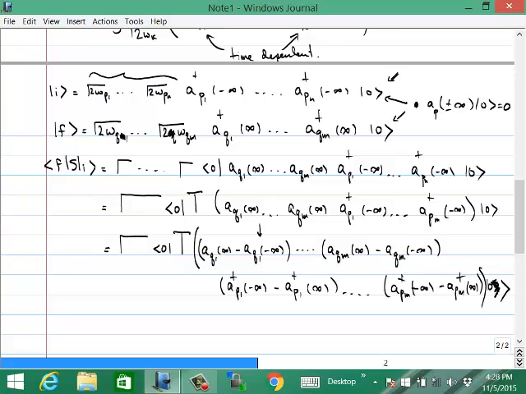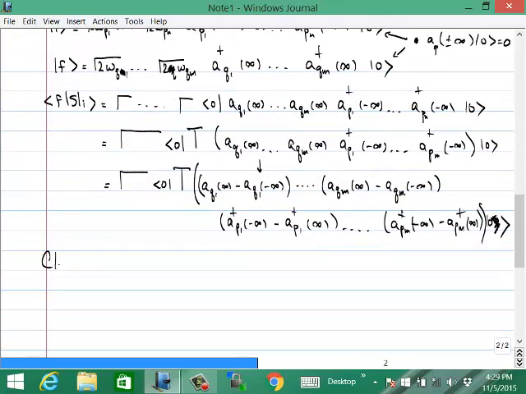Good, okay. So now what I want to do is figure out a way of relating this correlation function of a bunch of raising and lowering operators to a correlation function of some fields. So the expectation values of a product of a bunch of fields, the sort of stuff that we've been computing so far in this course.